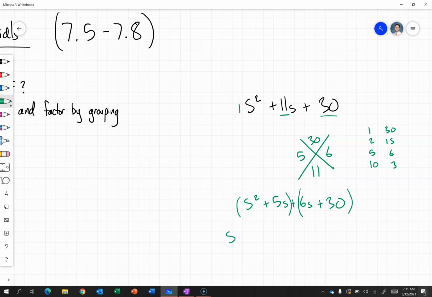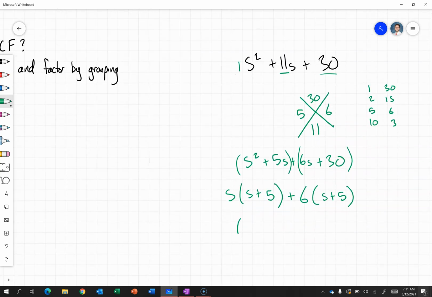So this would be s times s plus 5. I apologize that my s's look like 5s. Plus, we can factor out a 6, which would give us s plus 5. So now our final factored form would be s plus 5 times s plus 6.